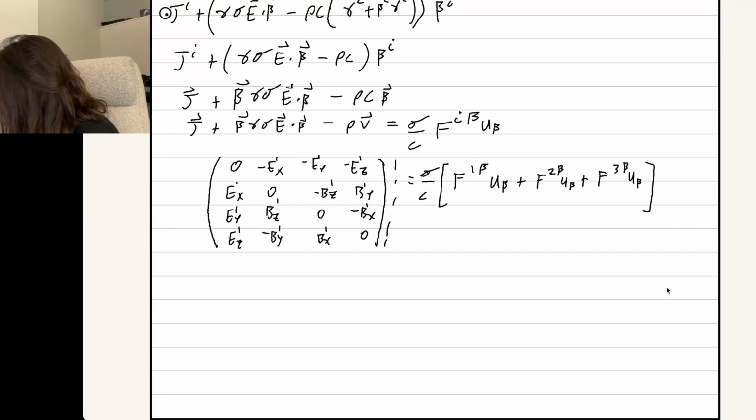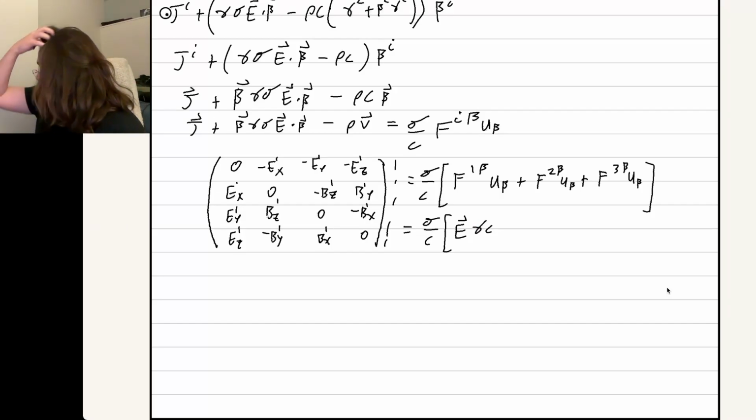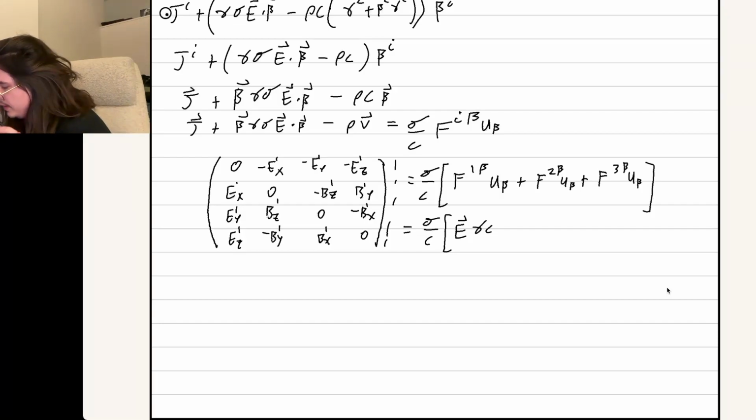So we're going to end up with a total factor of the vector E, right? So we have E times, and then the time component of u was gamma c, and then we have Bz times uy, By times uz.